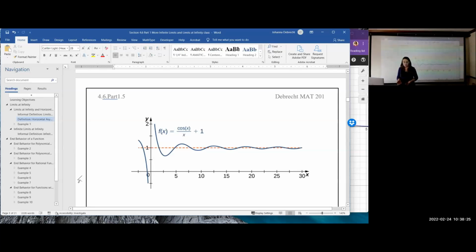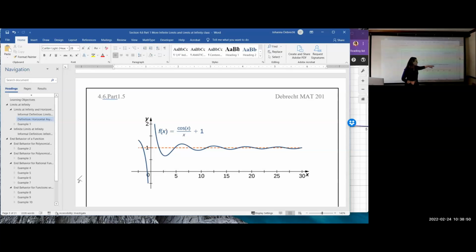It's easy to tell from the picture, even on this one, which is cosine of x over x plus 1. You can tell it has a horizontal asymptote. It is oscillating above and below the asymptote. But do you see how as it goes out towards x is positive infinity, it wraps the line tighter and tighter. And so it becomes a horizontal asymptote at y equals 1.